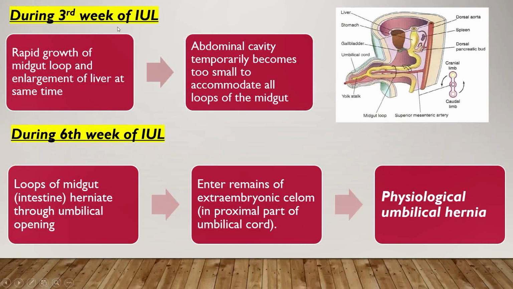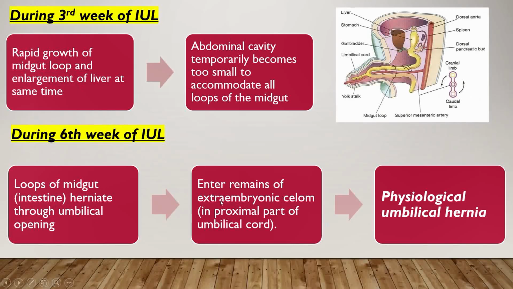So during the third week of intrauterine life there is rapid growth of midgut loop and enlargement of liver at the same time. Because of this, abdominal cavity temporarily becomes too small to accommodate all the loops of the midgut. So during 6th week of intrauterine life, loops of midgut herniate through the umbilical opening.